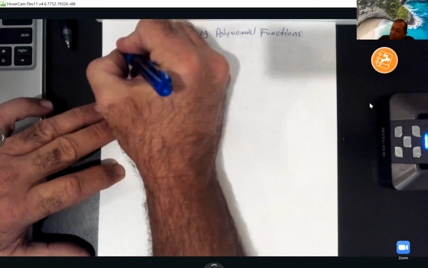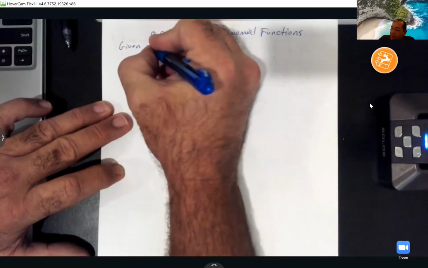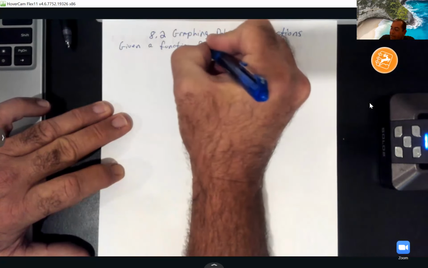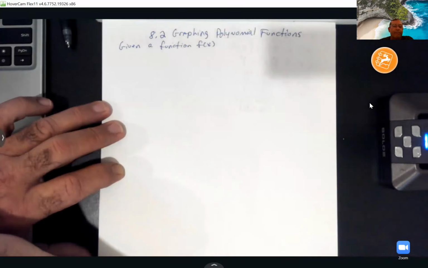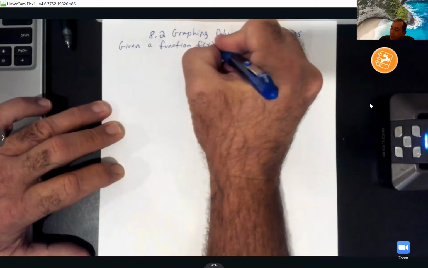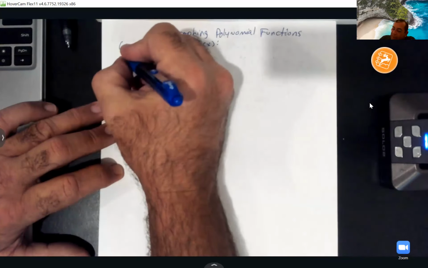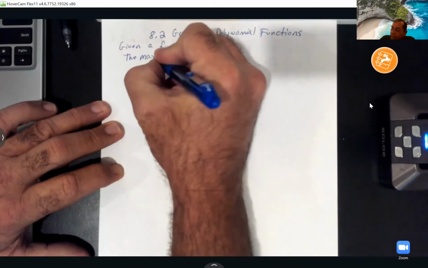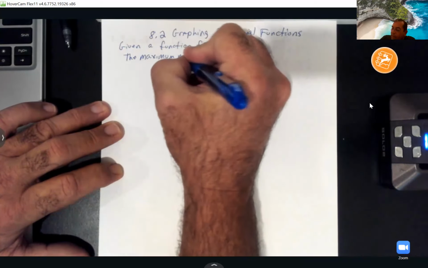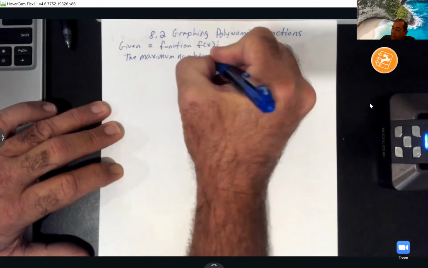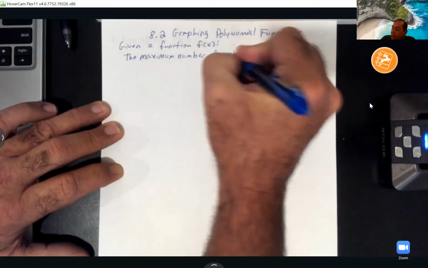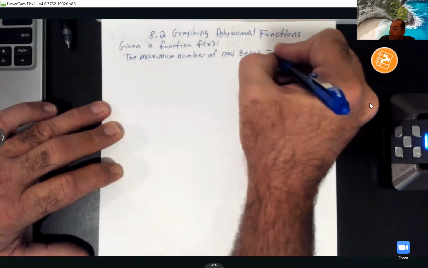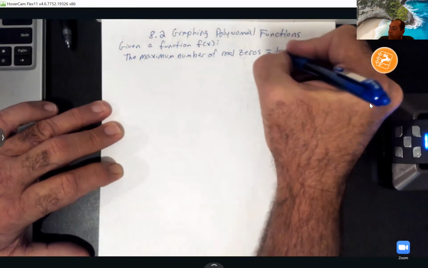So given a function f of x, the maximum number of real zeros is equal to the degree.